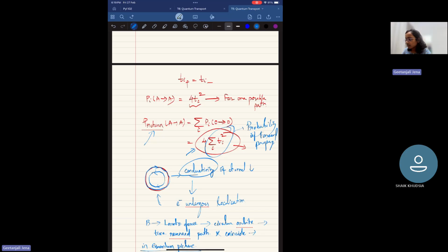That is why the answer would be the same. It is 4 times the probability to propagate in the forward direction. So is this clear? Question number 2.